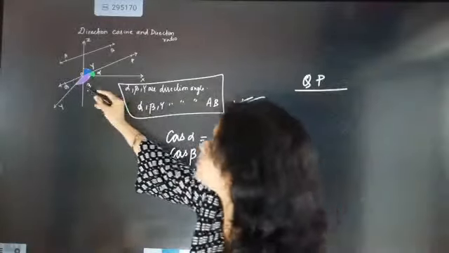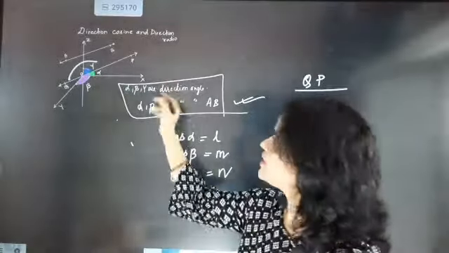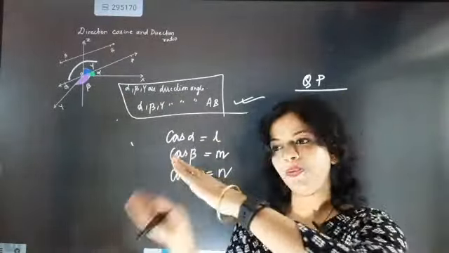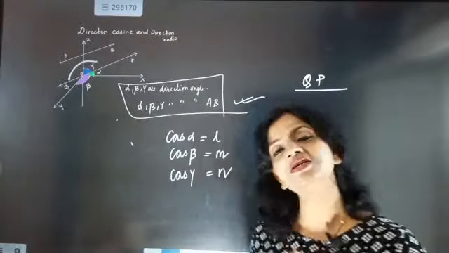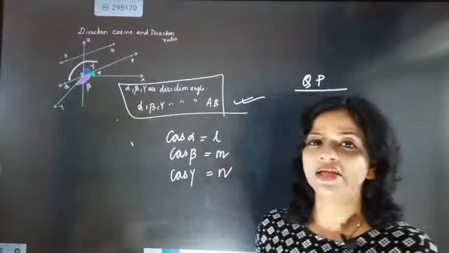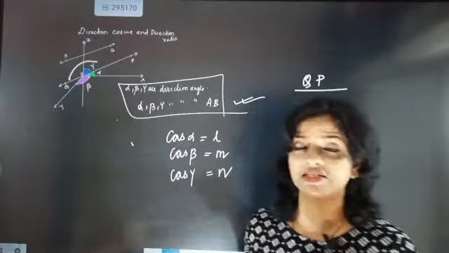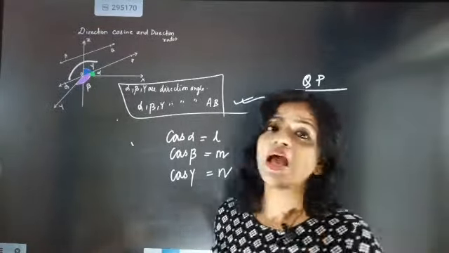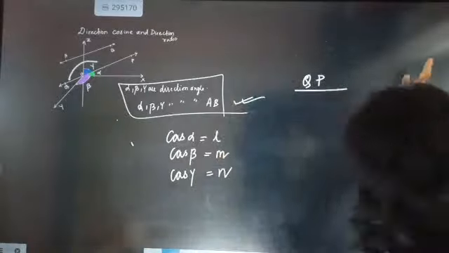So when I am going to talk from Q, what angle will be coming? When we started angle from OP side, OP is subtending angle alpha, beta and gamma with x-axis, y-axis and z-axis. Then what will be the angle subtended by QO?